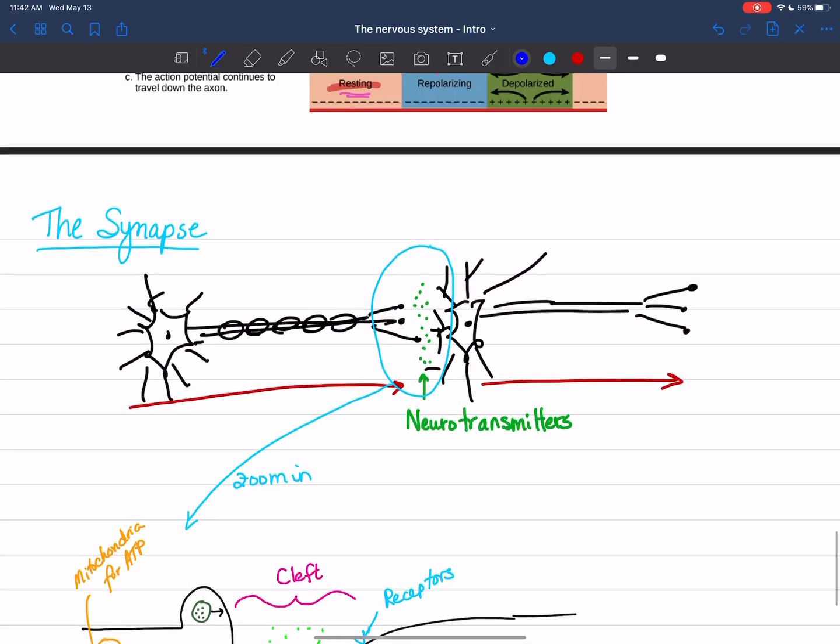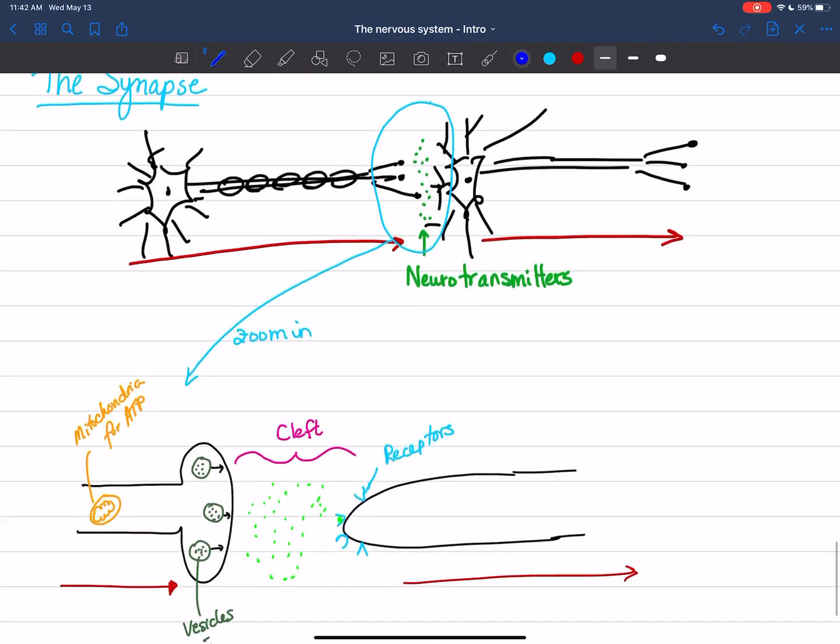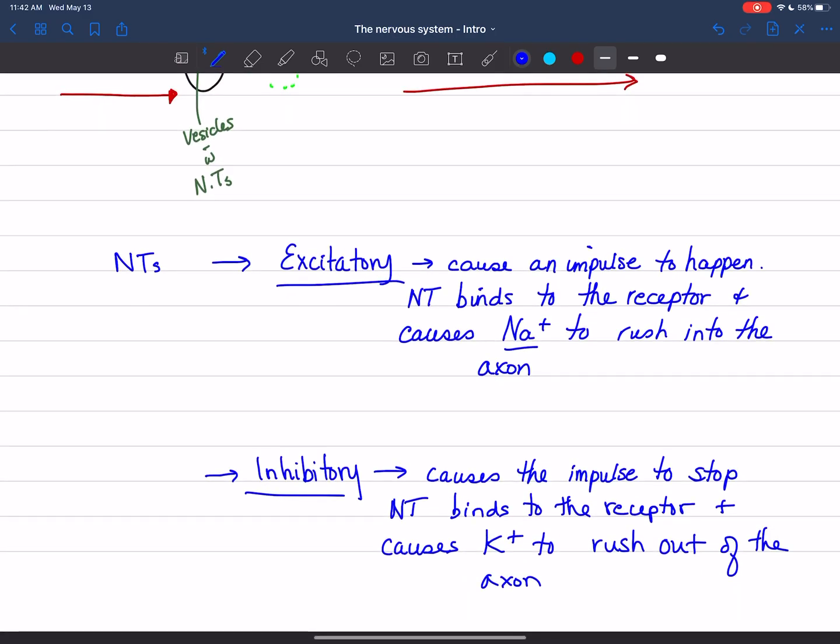And so the neuron is kind of confused. It's like, well, now I have too many potassiums out. What happens to my sodiums? And so the impulse doesn't occur. We say that the neuron is hyperpolarized. It has way too much of a certain charge on one side, and therefore it does not transmit the impulse.